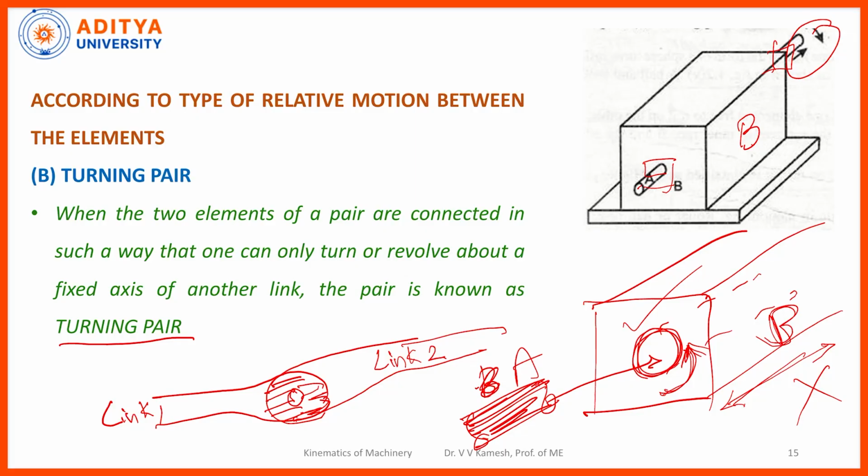I am making a joint by putting some pin inside, okay. So here, whatever you are seeing in the diagram, I can put a pin. So I can make it a pin jointed pair. Now by joining this, if I am holding link 1 as a fixed one, I can rotate link 2, right. So like this I am having turning pairs or rotating pairs.